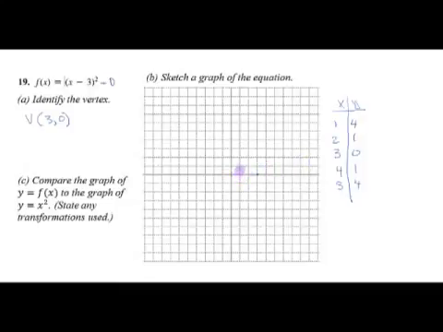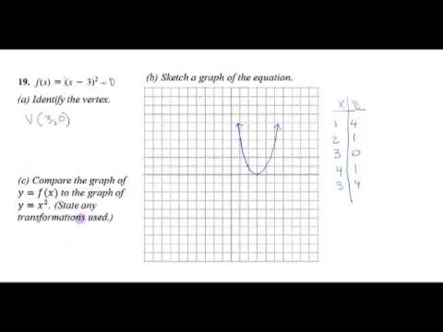So I'm going (1, 4), (2, 1), (3, 0), (4, 1), and (5, 4). So we have a nice set of points that we can draw our sketch through. Make sure you make it nice and smooth, curved.